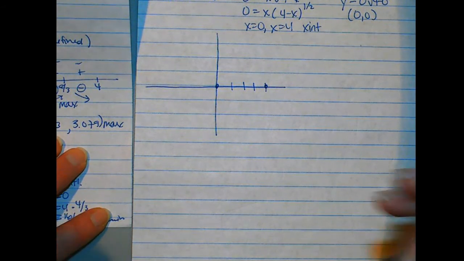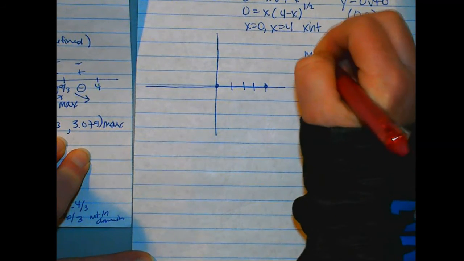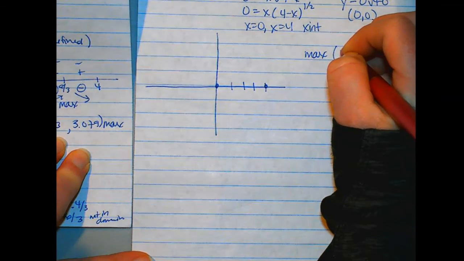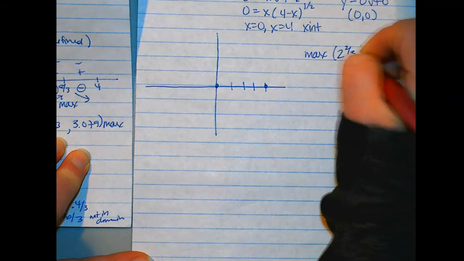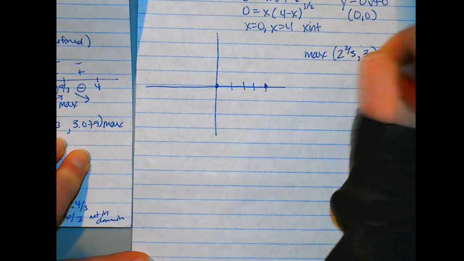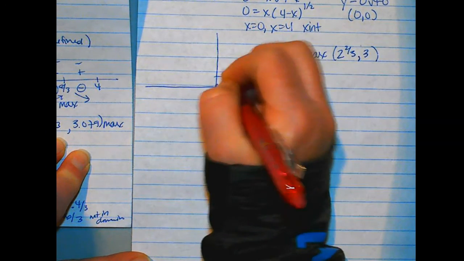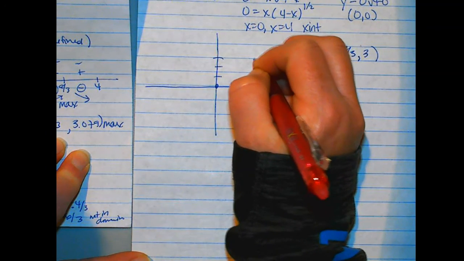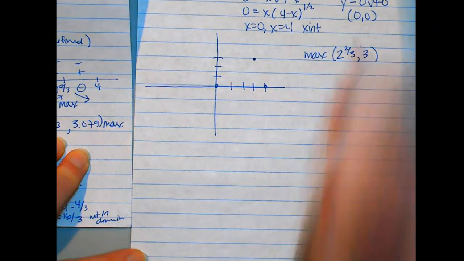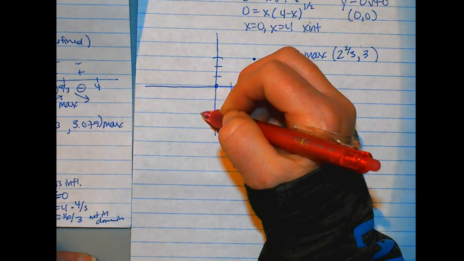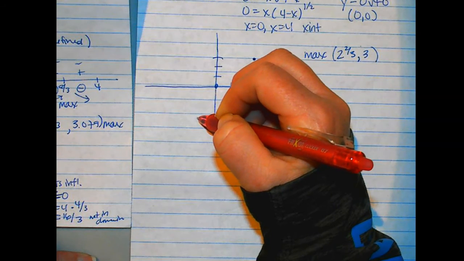There we go, 8/3, so max, we found on the other page, 8/3, so that's 2 2/3. 2 2/3, comma, 3-ish. So 2 2/3, 1, 2, 3 is a max. What else do we know? We know that it is increasing to that max and then decreasing after the max.